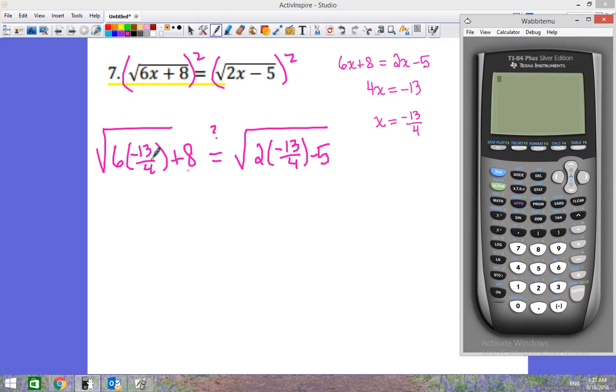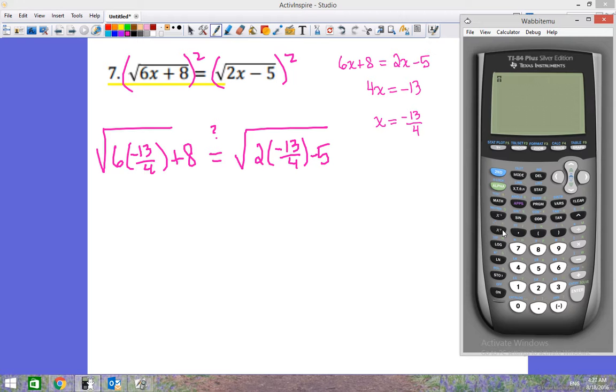Well, I'm just going to figure out the number underneath the radical, not worry about the radical for a moment. 6 times negative 13 divided by 4 plus 8. So this guy is a negative number. And I can stop right there, because we're going to try to take the square root of a negative number. The calculator is going to tell us that there's an error.